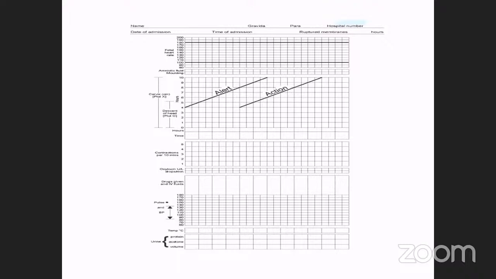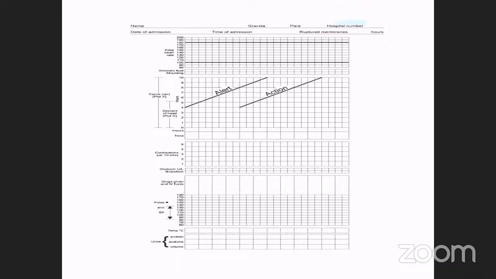Now, I must tell you, this instrument was not developed for doctors. Yes, it's an instrument for managing labor that is meant for people at the lower level of healthcare: the CHUs, the midwives, and the doctors in the peripheral facilities.